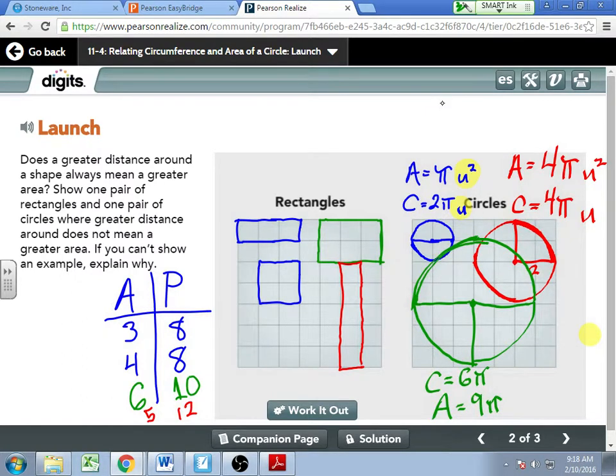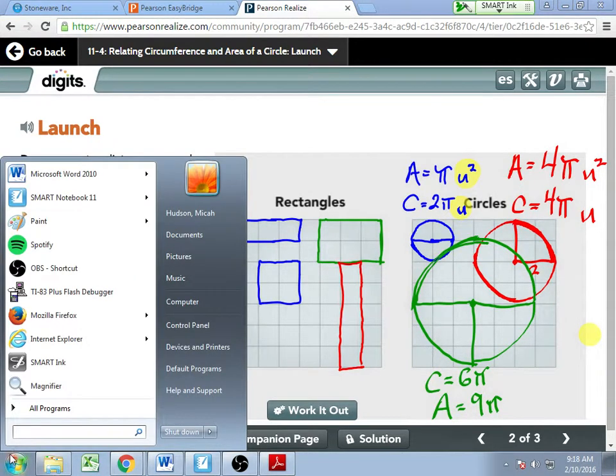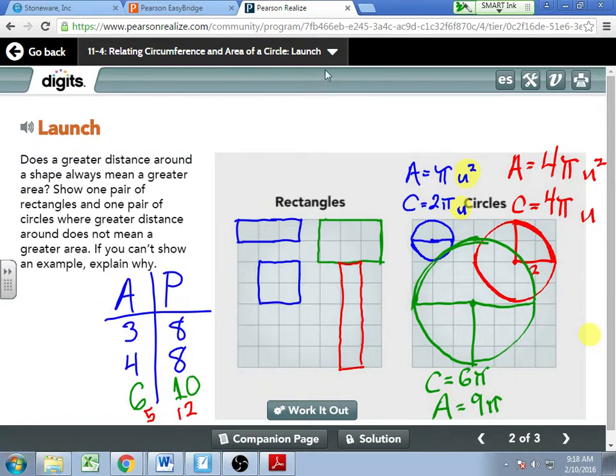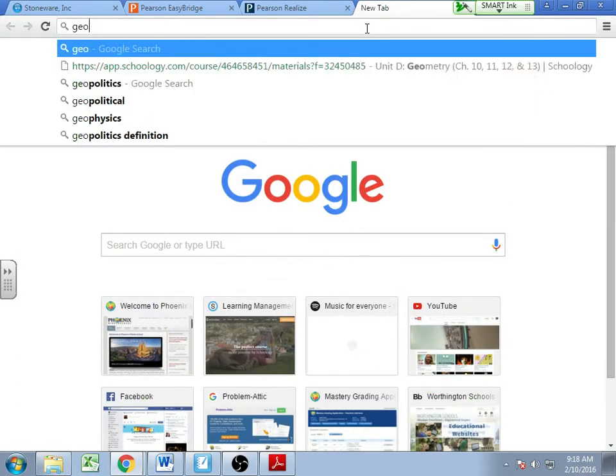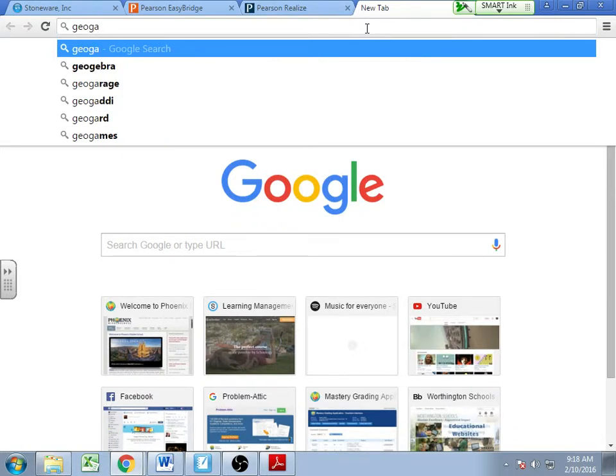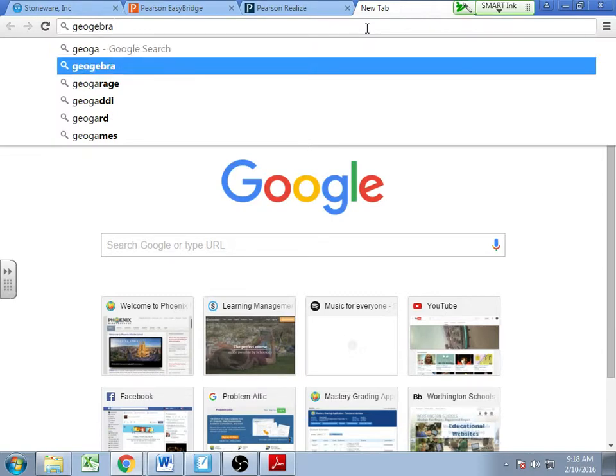Have I showed you guys GeoGebra? GeoGebra is a really cool program that you can get on all the Chromebooks. It's a web app that, actually I'll show you how to get to it from Chrome. So if you're in Chrome and you search GeoGebra, G-E-O-G-E-B-R-A, it normally pops up. Most people have an issue pronouncing it.